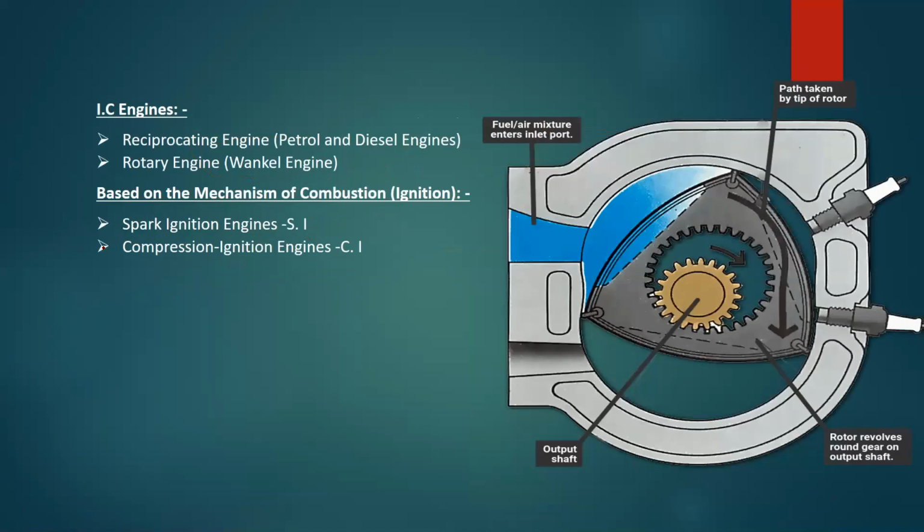One is the reciprocating engine, another one is the rotary engine. Okay. Can anyone give me some example of a reciprocating engine? Where have you used it previously? Yeah, bikes. Normally you are using reciprocating. Okay. Rotary engine?